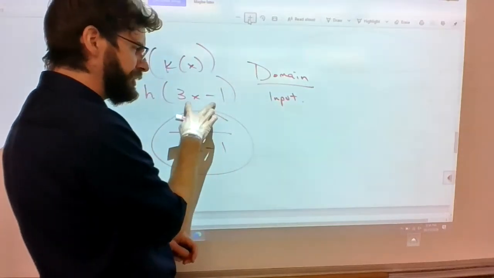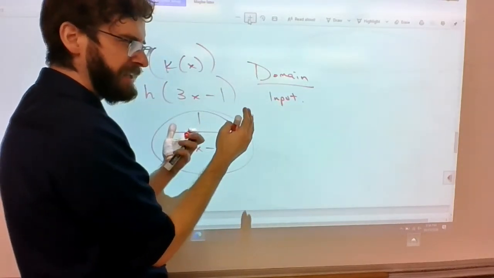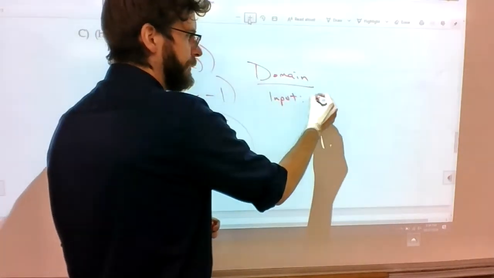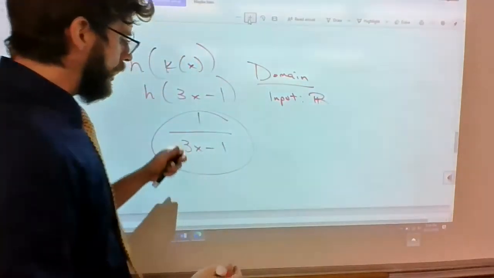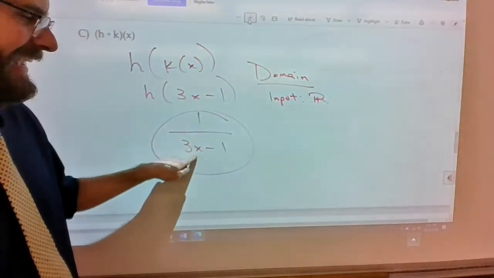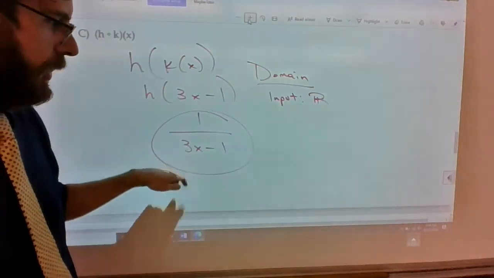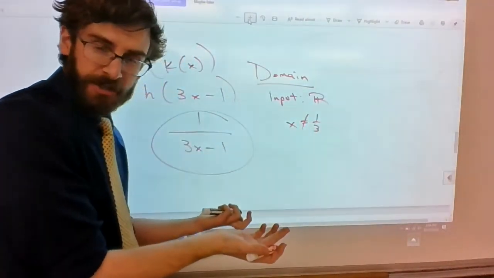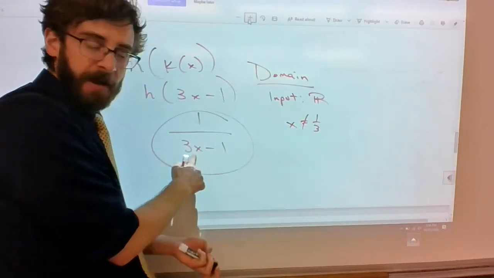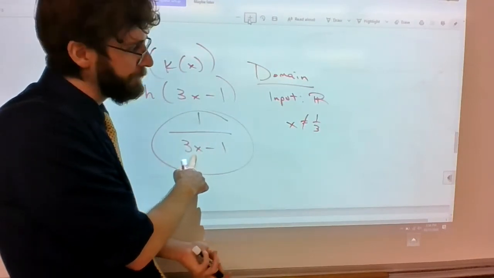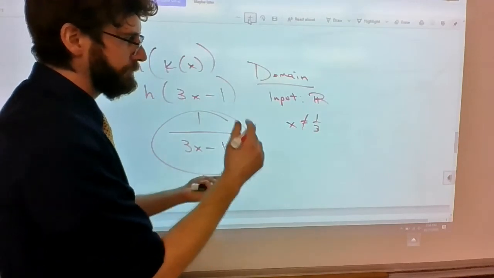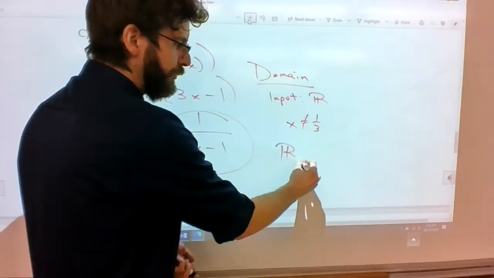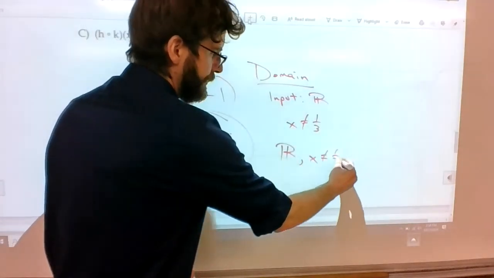That's a linear function that really has no problems, so we're going to say the input function has a domain of all real numbers. Our composite function can't have 0 on the bottom, so x cannot equal 1/3. I'm just letting you do the mental math as I did right there. 3x minus 1 cannot equal 0 at 1/3. So our answer? All reals except x can't be 1/3.